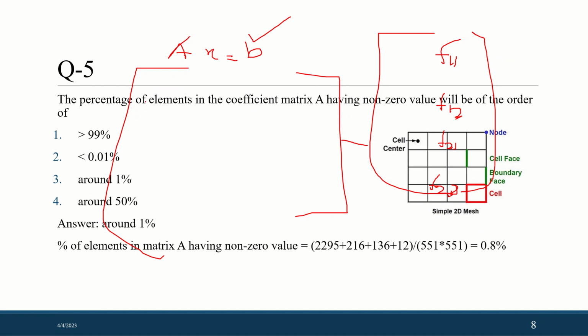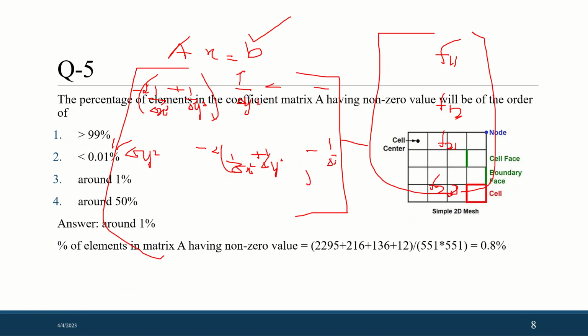The first diagonal element would be minus 2 times (1 by delta x square plus 1 by delta y square), and this would be 1 by delta y square, and this would not be having anything, and similarly 1 by delta y square, and again the diagonal element would be minus 2 times (1 by delta x square plus 1 by delta y square), and this last element would be 1 by delta x square.